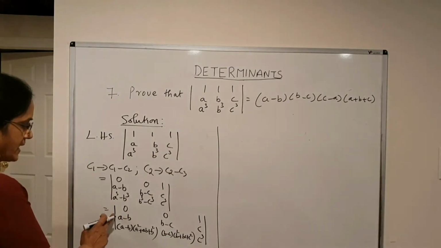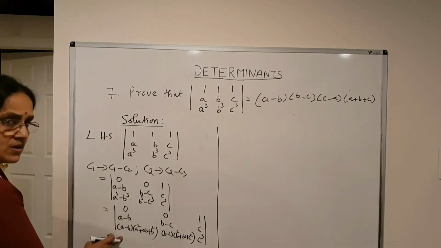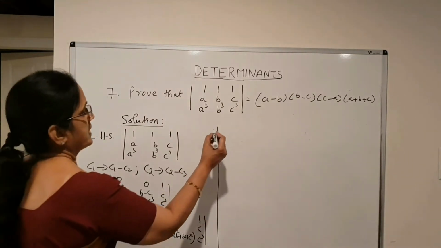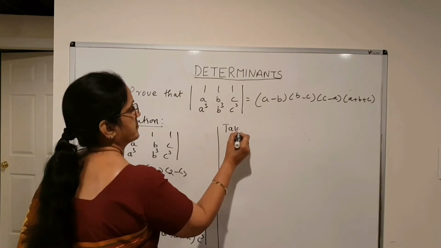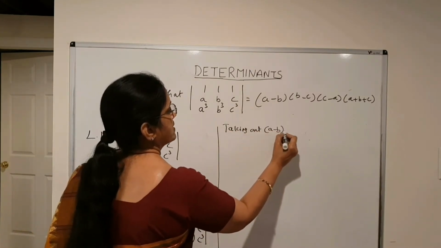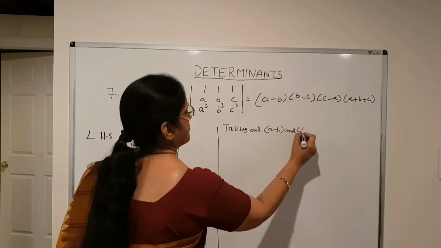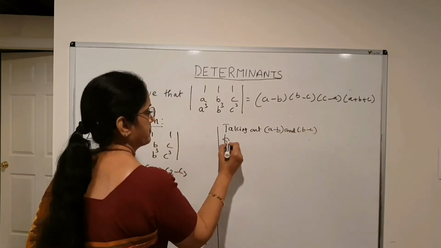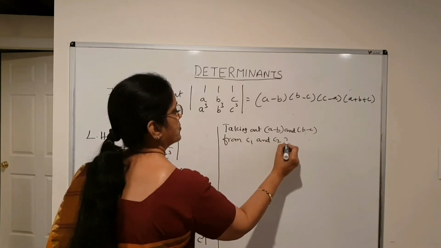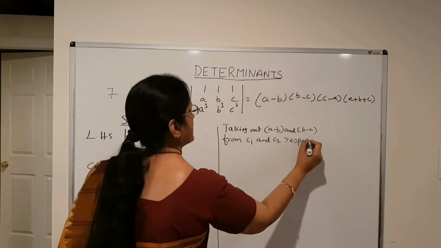Now, I can take out A minus B from C1 and B minus C from C2, respectively.